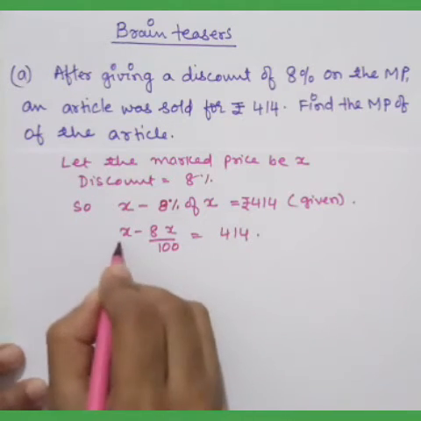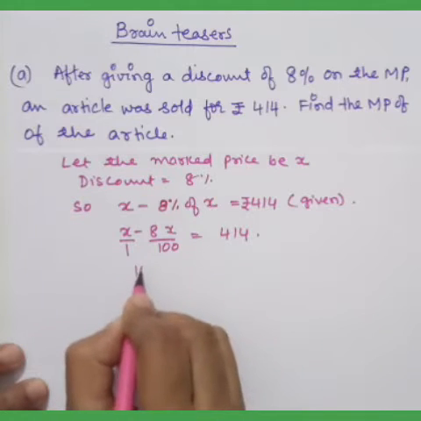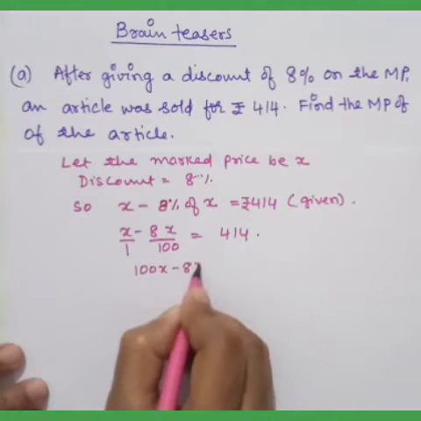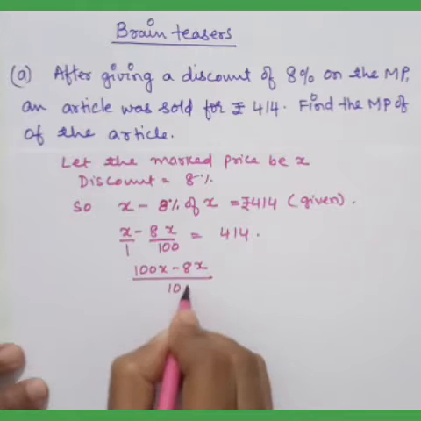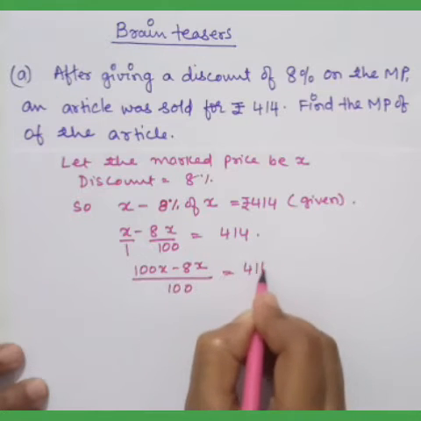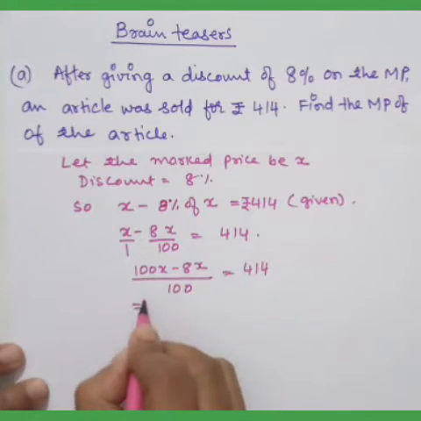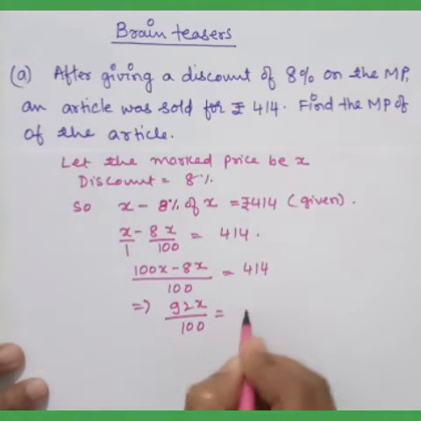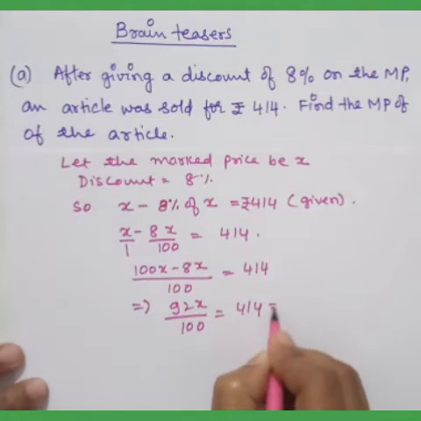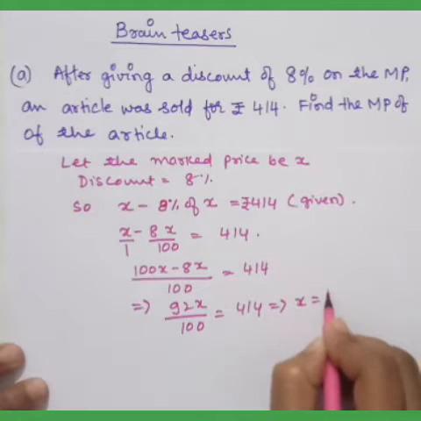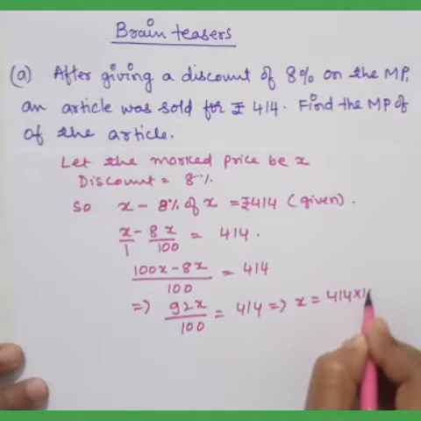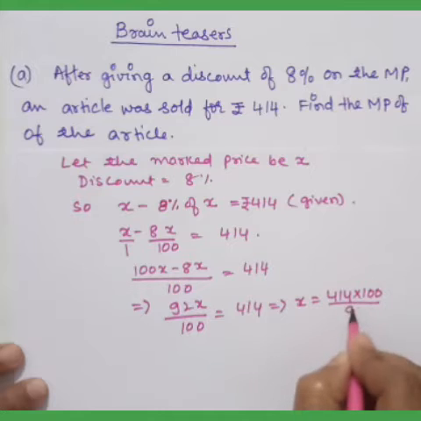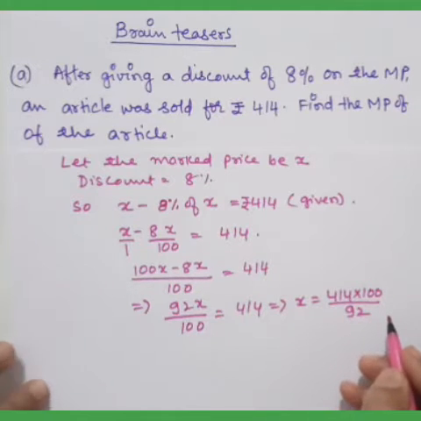Now if you take out the LCM, you will get 100X minus 8X by 100 gives you 414. This means 92X by 100 will give you 414. This means X is equal to 414 into 100 by 92.